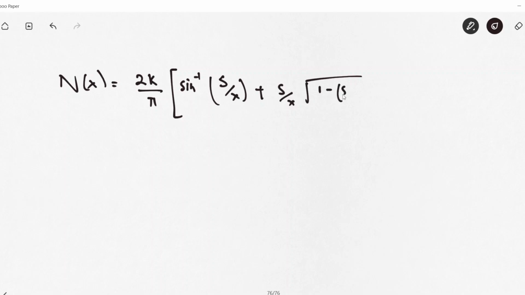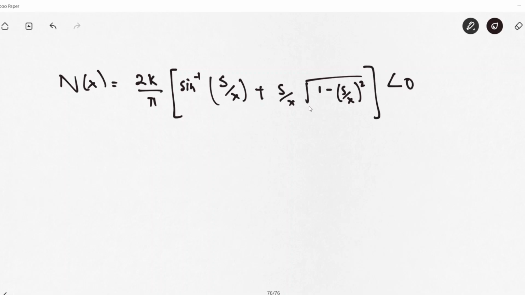So substituting that, you will be getting Nx equal to 2k by pi, where x cancels out with the x in the denominator, sine inverse of s by x plus s by x times under root of 1 minus s by x square, angle 0.